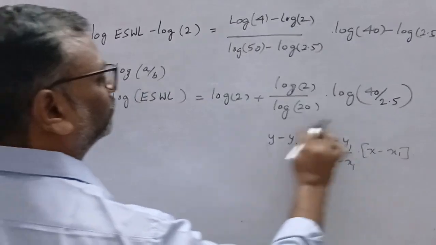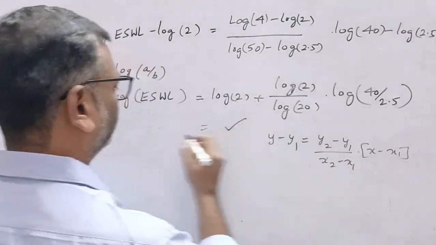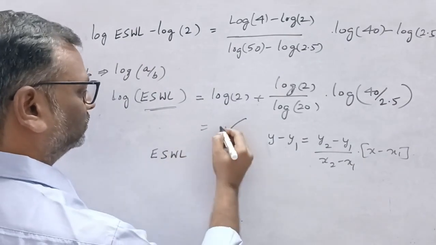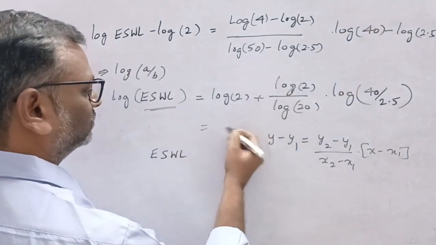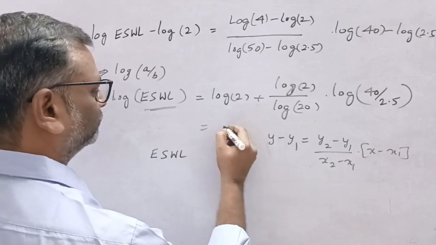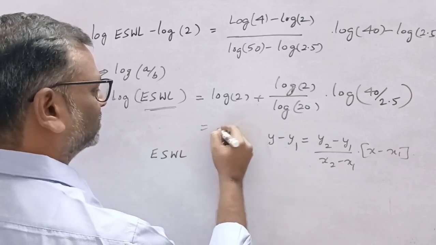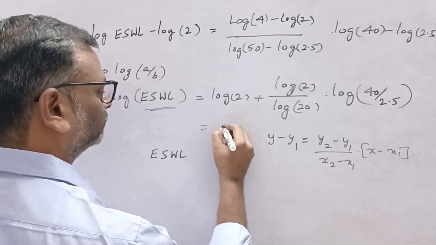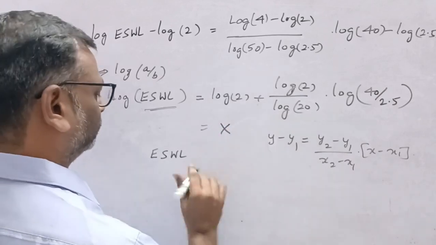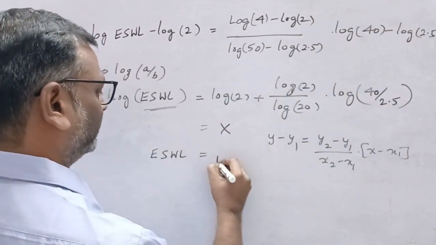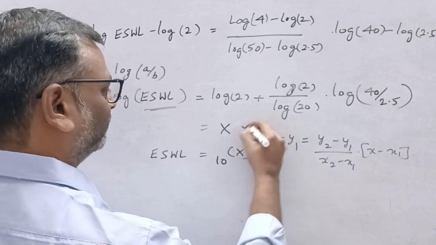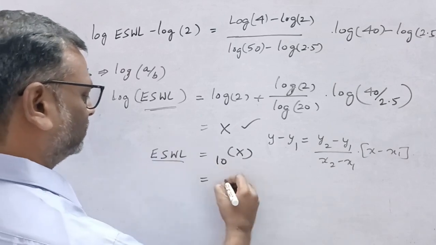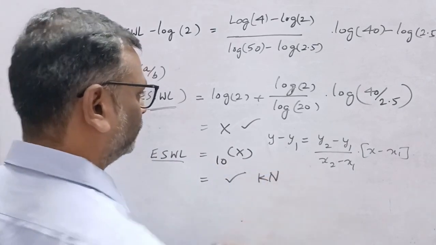So now if you calculate this, you will get some value, say x, and ESWL will be 10 power x, whatever value you get here, and this is the ESWL you get in kilonewton.